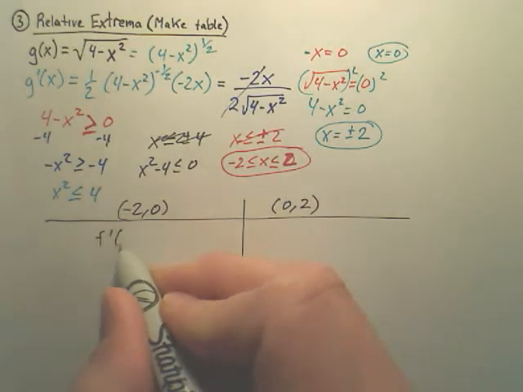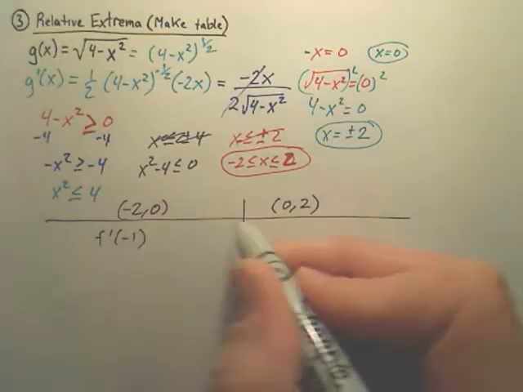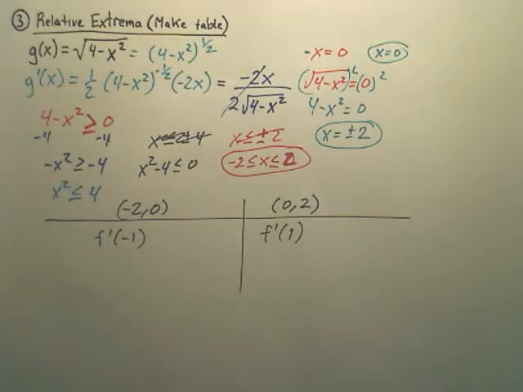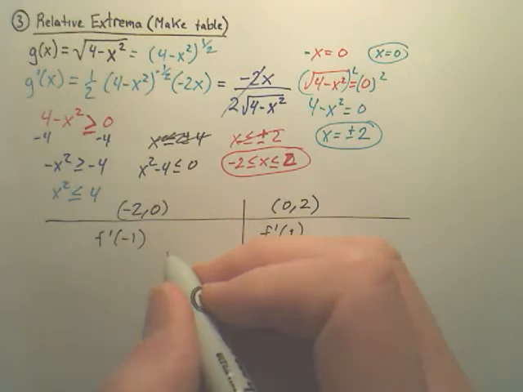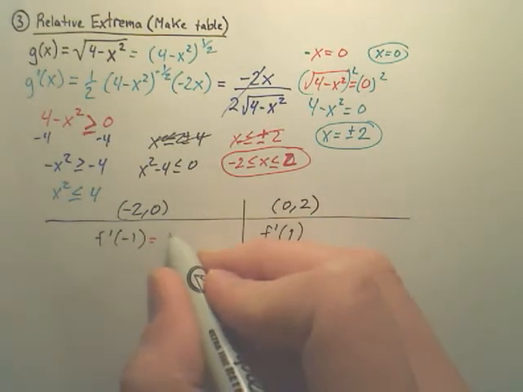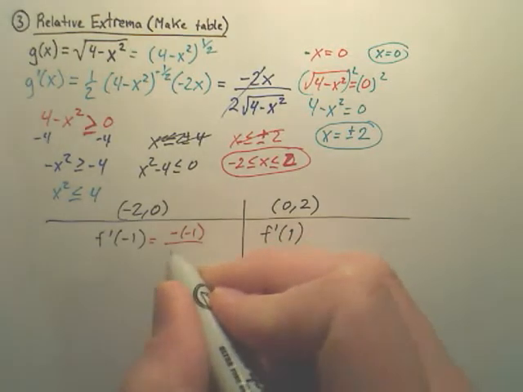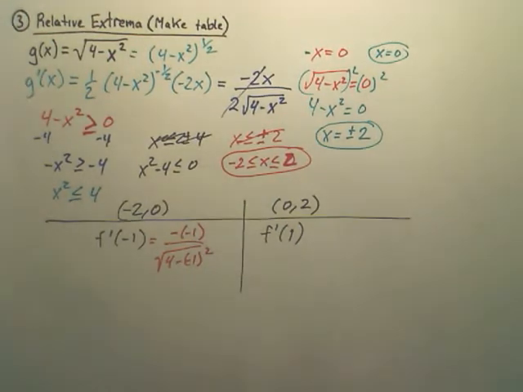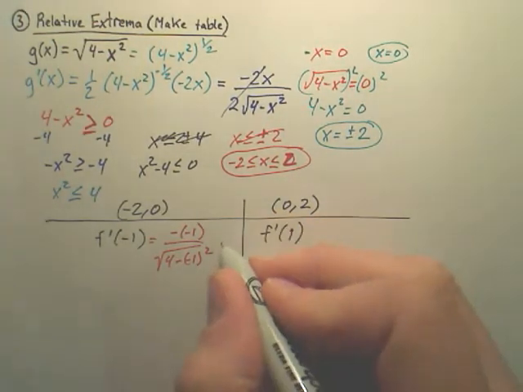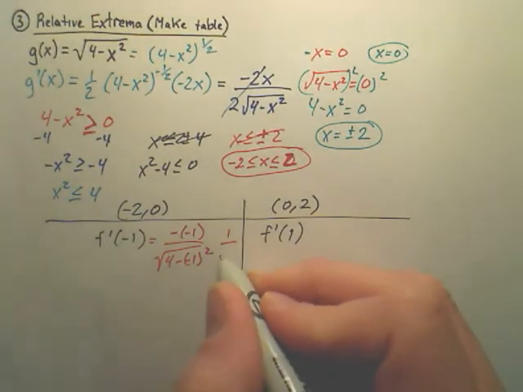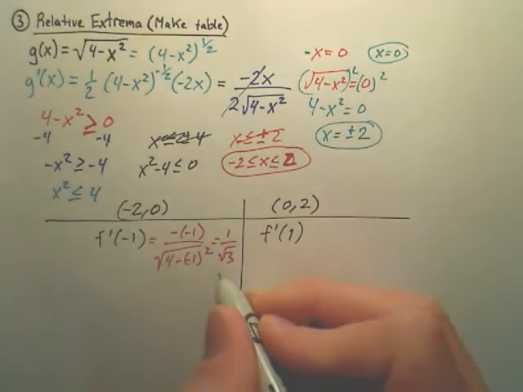So let's plug in something to the derivative. Let's plug in negative 1 here. Let's plug in 1 here. When you plug negative 1 into the derivative, what did you guys get? Negative of negative 1 over the square root of 4 minus negative 1 squared, which ends up being 1 over square root 3, which, isn't that positive?